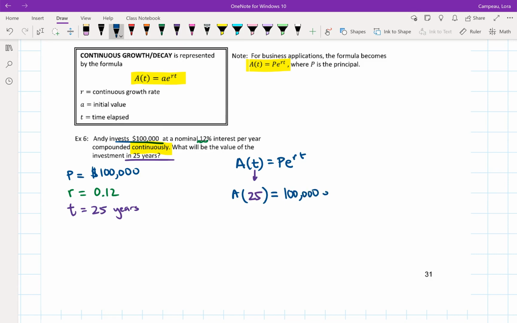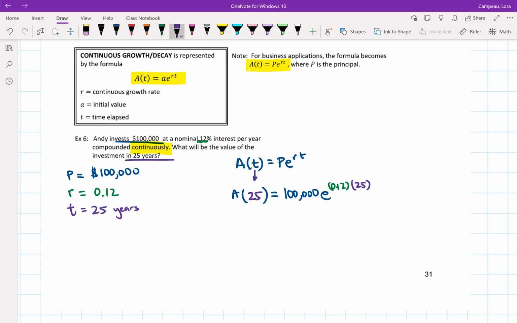And then we have E, that's our irrational Euler's number, to the R times T. So these are exponents. Let's see if I can write that a little bit larger for you. And T again is 25 years.